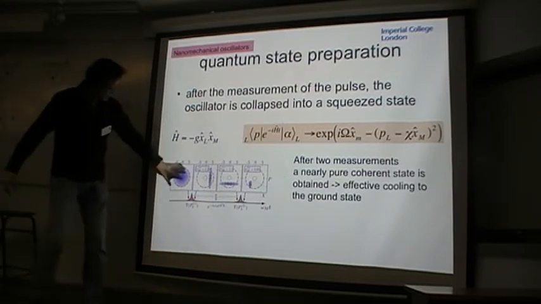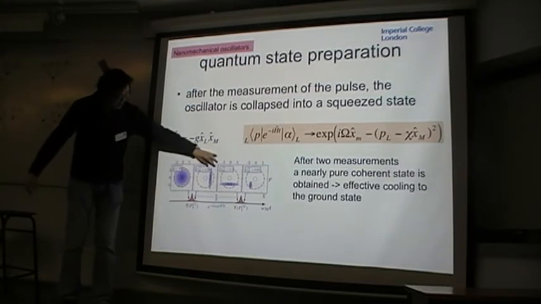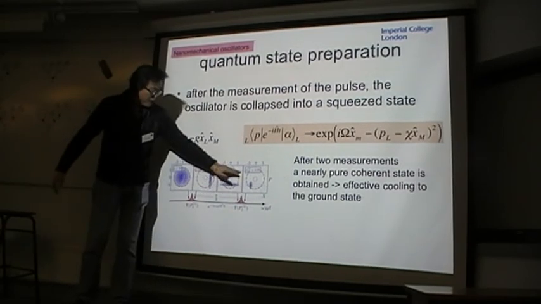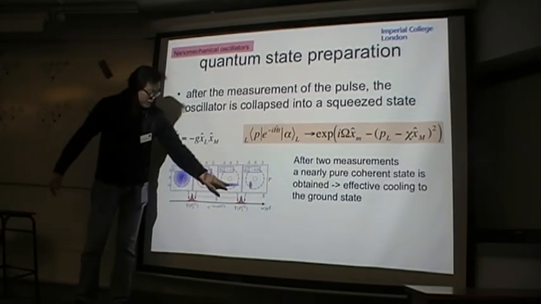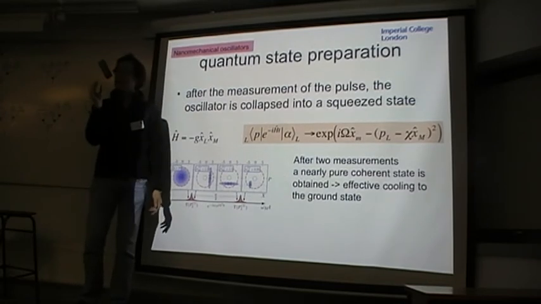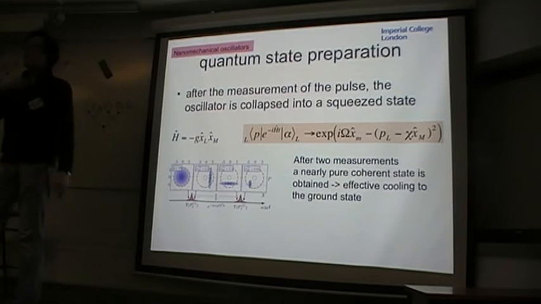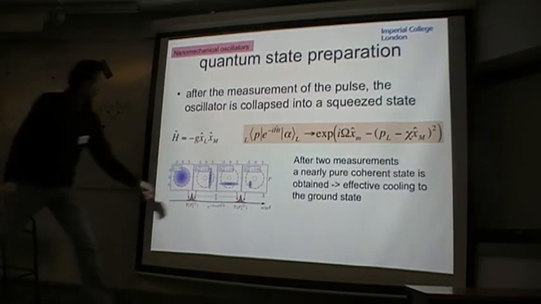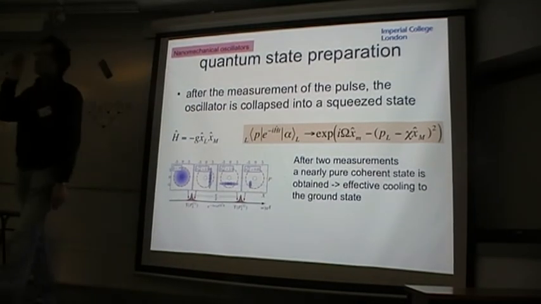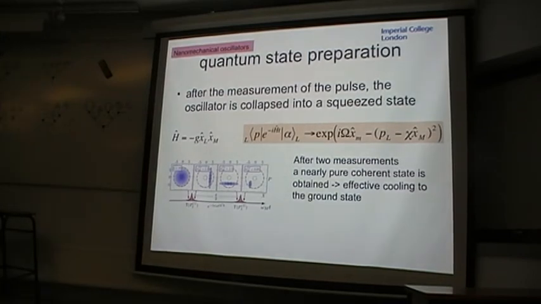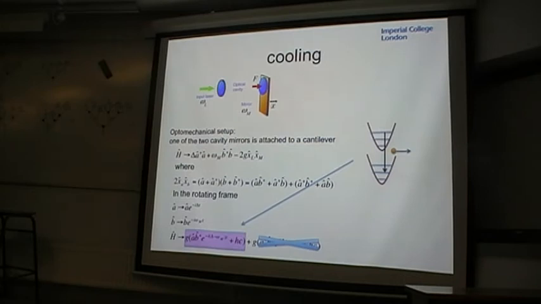We start with this, and then we squeeze it, and then we wait until it rotates to this point and squeeze it to measure it again. Then we don't have to think about the sideband cooling and all those things. We can go into a nearly ground state level by two measurements. That's a good thing. Now, go to the next part.